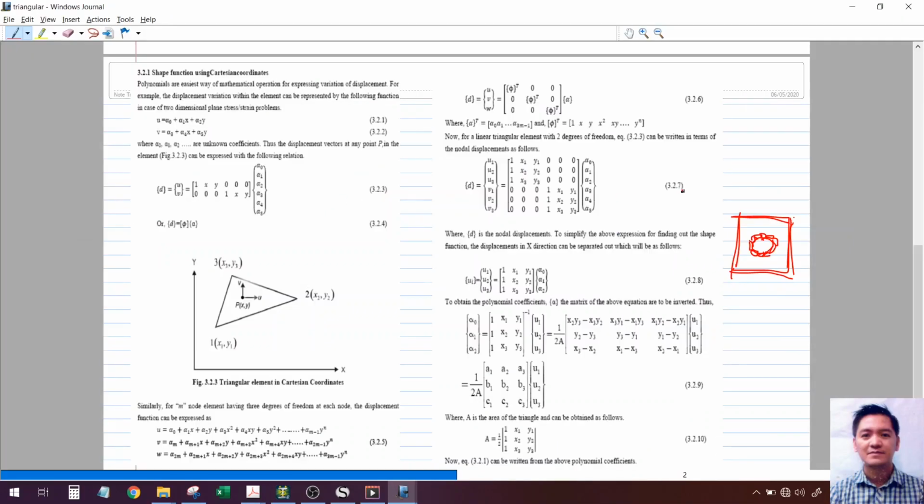Say ito yung body mo, and each node, meron kang dalawang displacement. So U, V. So, U1, V1, U2, V2, U3, V3, U4, V4. Parang ganyan, no?